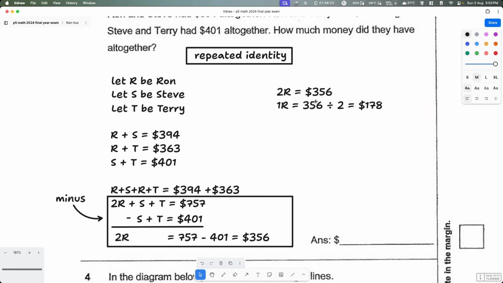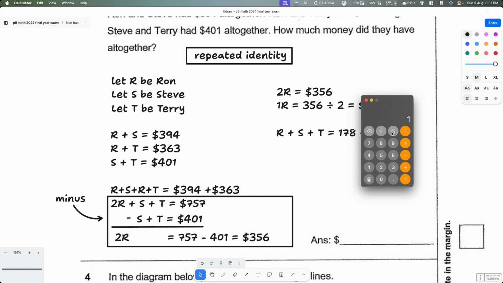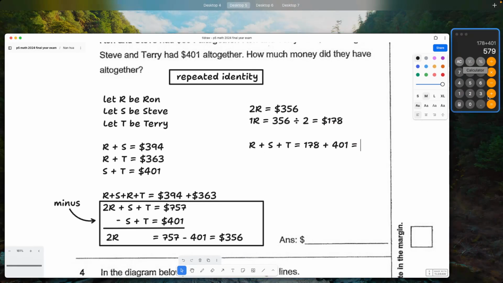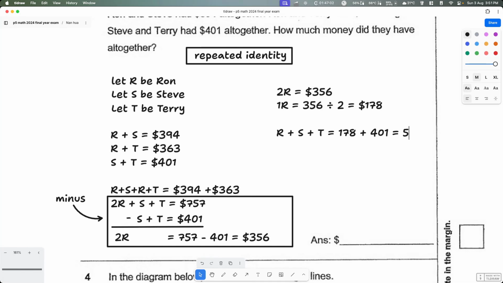So now we know what 1R is. In this case we already know S and T, so R plus S plus T is equal to 178 plus 401, and this will become 579.